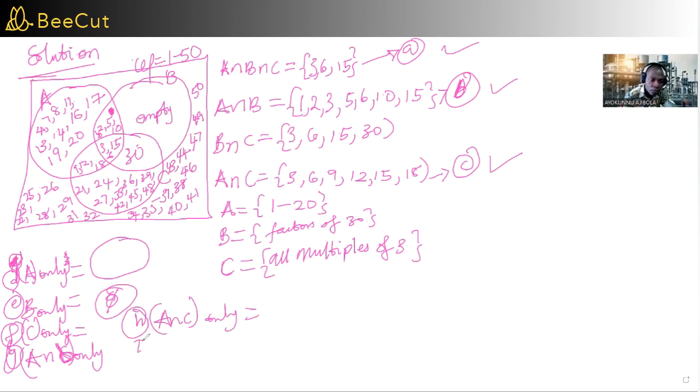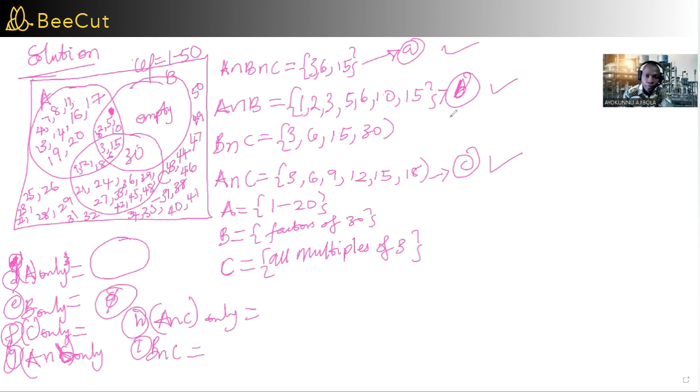So the next question says find B intersection C. Not found that one. So B intersection C, not only this time around. To find B intersection C, we've already found that.